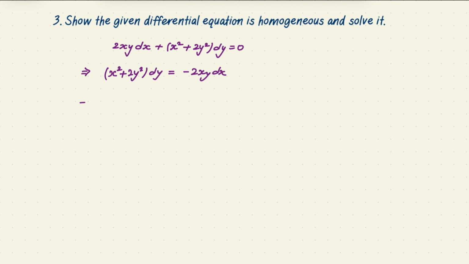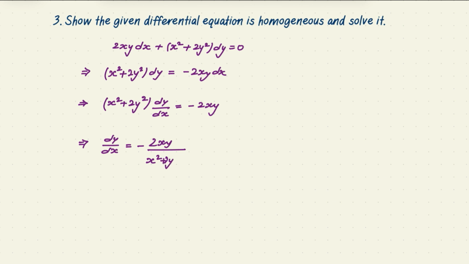Dividing both sides by dx, we will have (x square plus 2y square) dy over dx equals minus 2xy. So this implies dy over dx equals minus 2xy whole divided by x square plus 2y square.